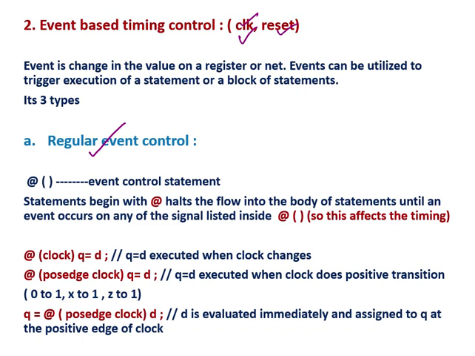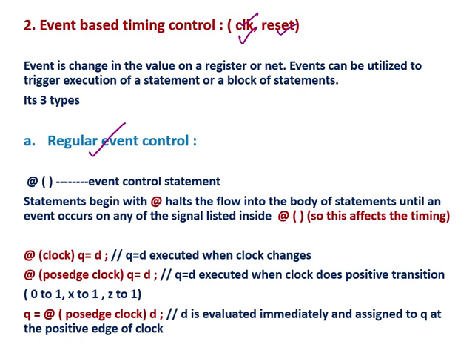So this @ and bracket affects the timing, because this lesson is all about timing controls, right? How your statements are affecting your timings. So this @ and bracket is affecting the timing.